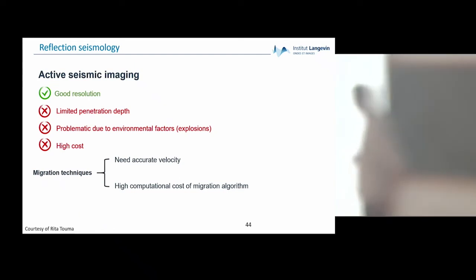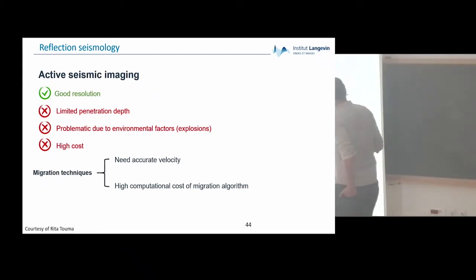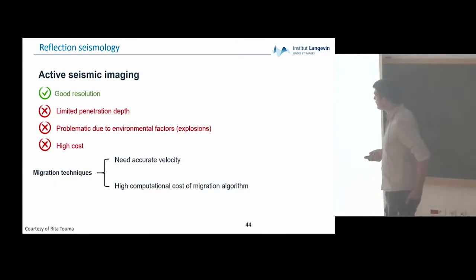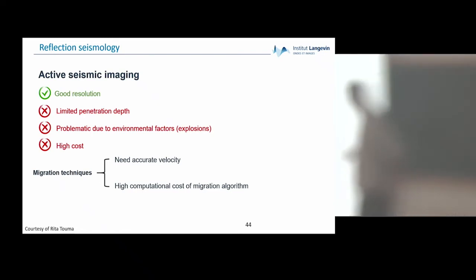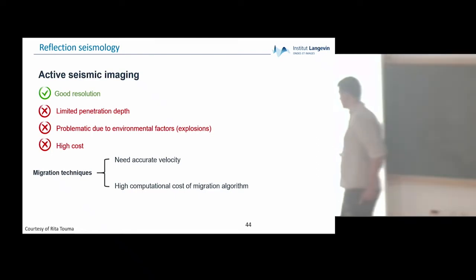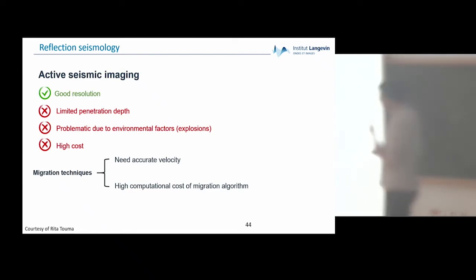You also have a limited penetration depth because you cannot inject a lot of energy inside the Earth. It's problematic, of course, because of environmental factors, and it's also, of course, very expensive to set up all the equipment for this kind of experiment.